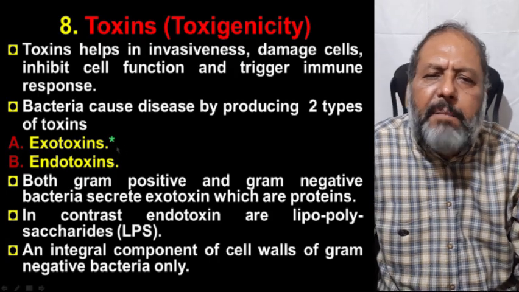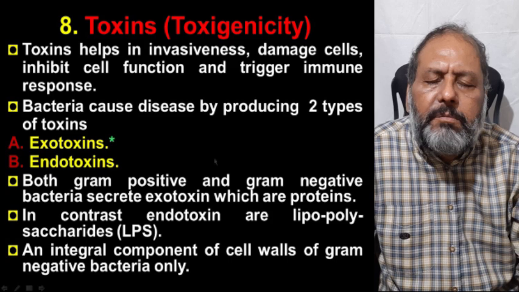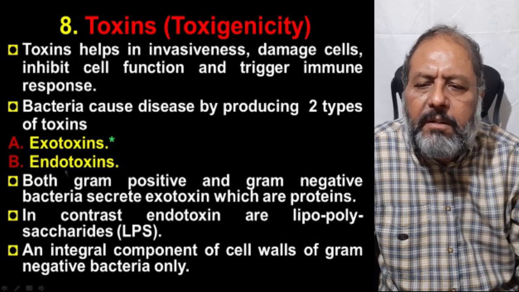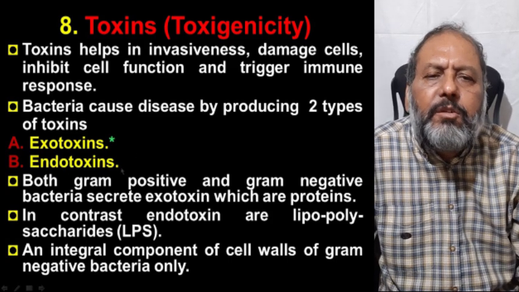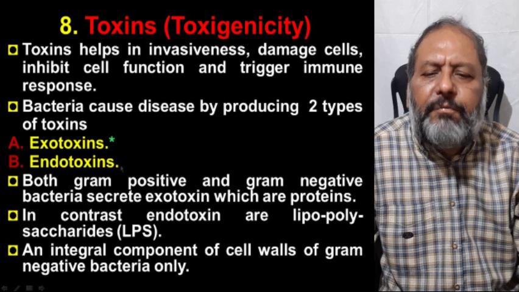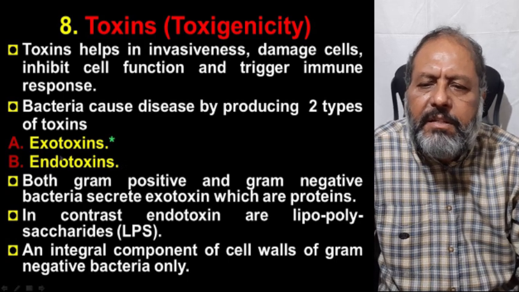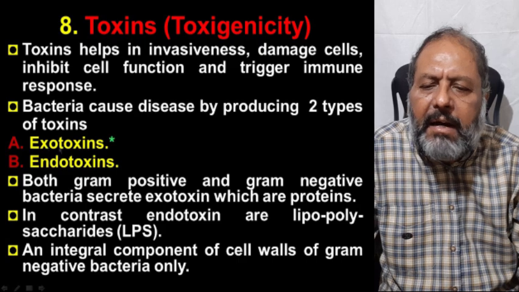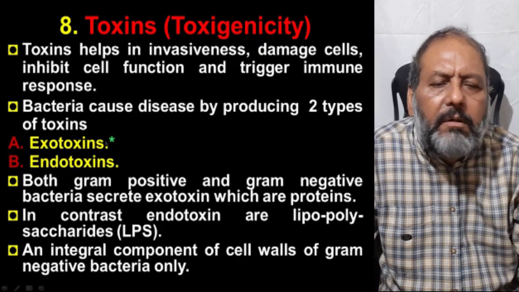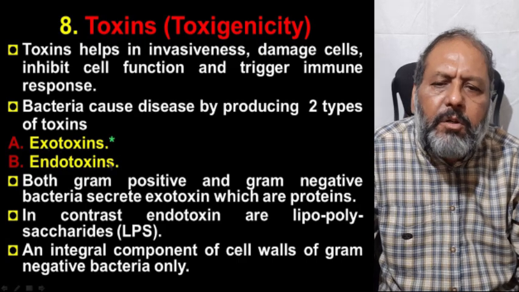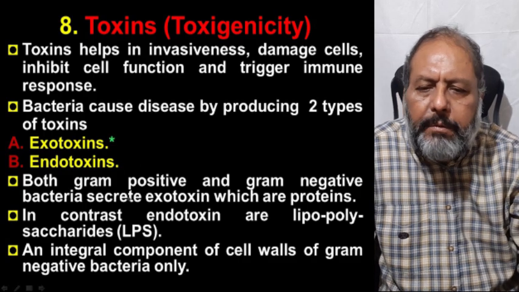So the bomb exploded by the remote control device is exotoxin. Endotoxin is a suicide bomber who himself has the bomb and causes the damage. So it's very easy: the bomb exploded by remote control is exotoxin, and the endotoxin is the suicide bomber.